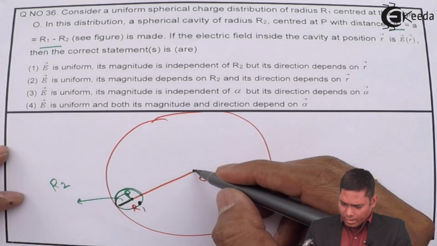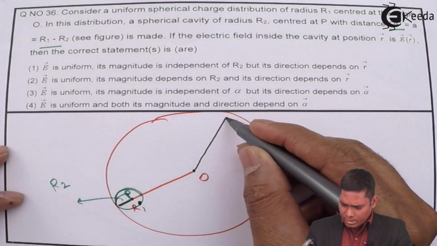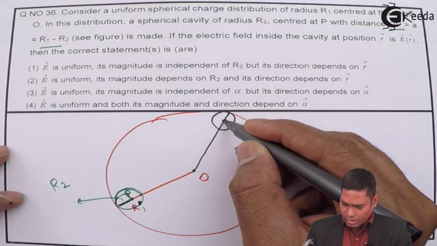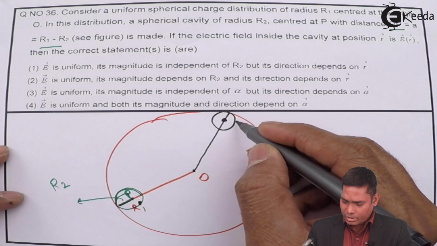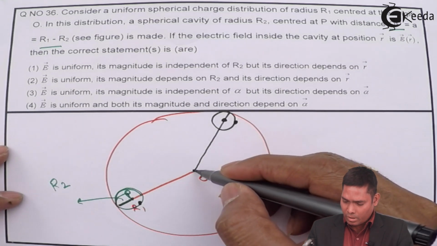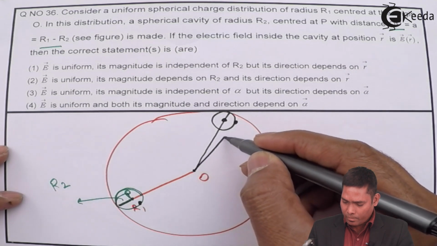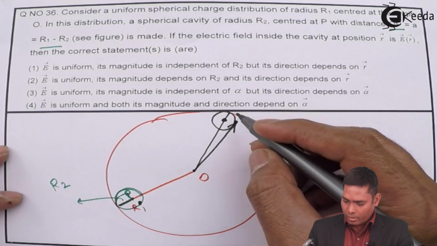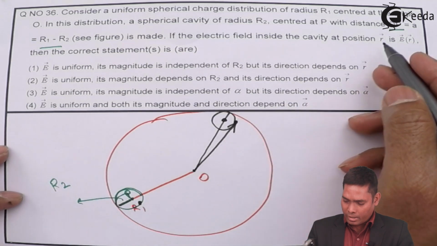If I have a situation like this, with a radius over here and the point I consider somewhere here, this is my vector r.